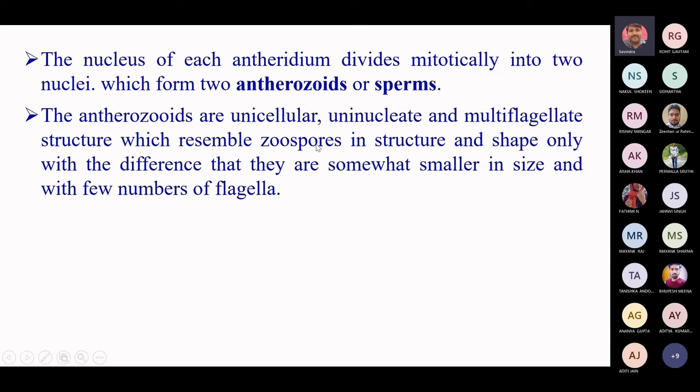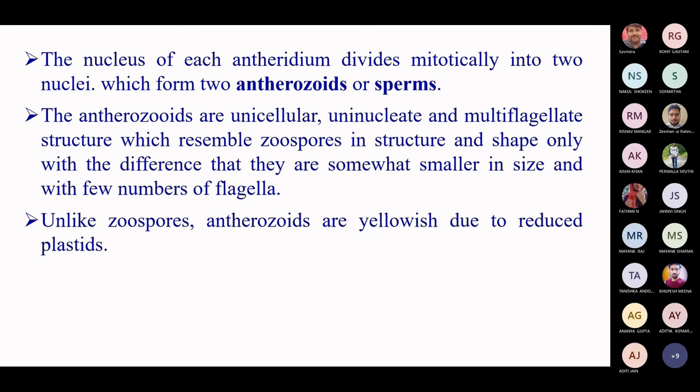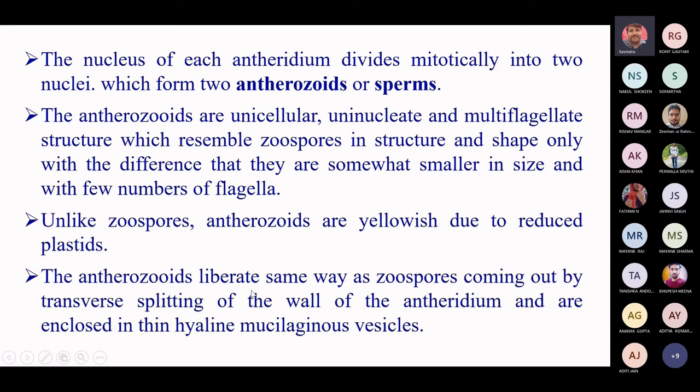It is also like a zoospore, but what is the difference? It is smaller than the zoospore. Only the size will determine whether this is an antherozoid or a zoospore. And they are yellowish in color because of the reduced plastid. I will show you in our class photograph as well.